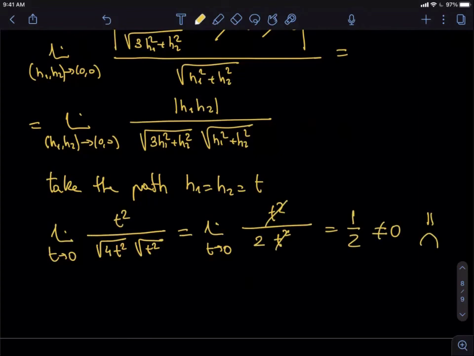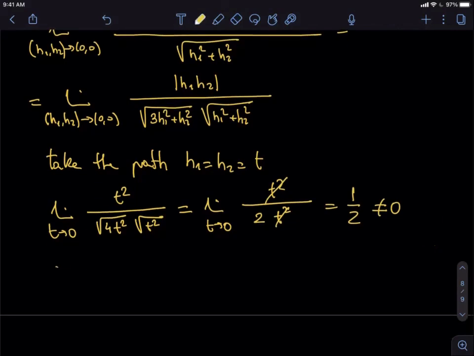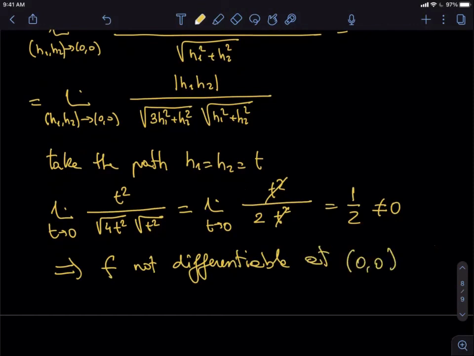It should be a happy face because we are done, right? This means that the function is not differentiable at (0, 0), because we found one path where the definition of differential just won't work.